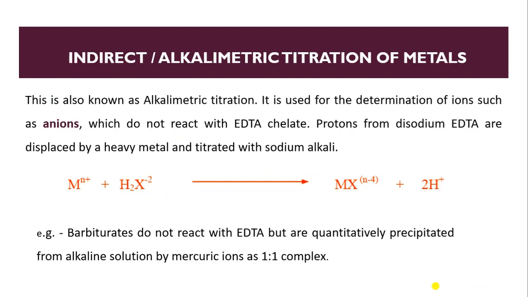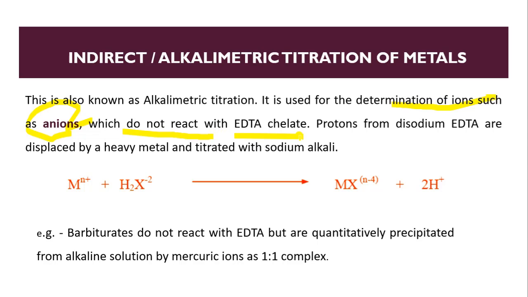Now we will see the last type of titration. It's an indirect titration, or we can say alkalimetric titration of metals. Generally this method is used for determination of ions, such as anions, which do not react with EDTA chelate.